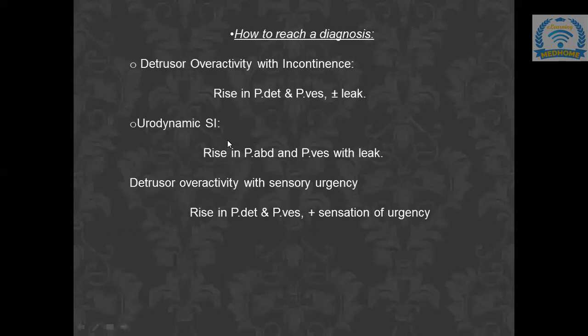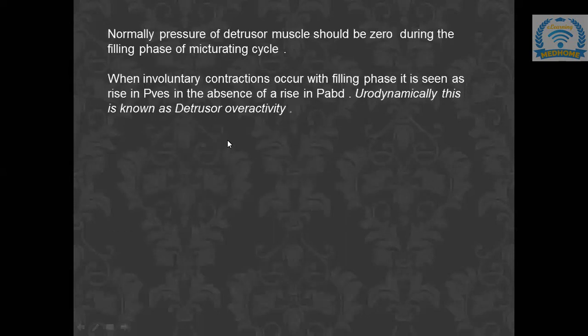Ma'am, residual volume should be less than 100 ml, and we can measure the residual volume either by ultrasound or by catheterization. Then the first desire is at 150 to 200, and at 350 strong desire, and maximum capacity of the bladder is 500 ml.